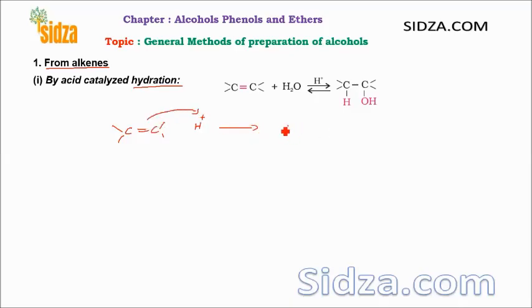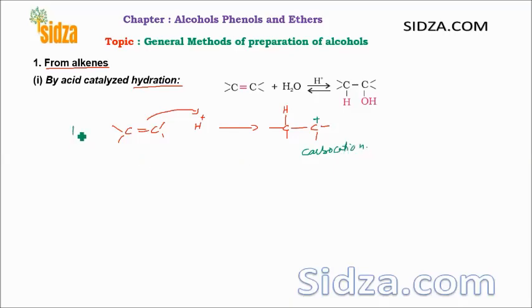One of the carbon atoms gets a hydrogen, the pi bond breaks, and the electron pair shifts towards this hydrogen and forms a single bond between the carbon and the hydrogen. Then we get an intermediate, a carbocation.